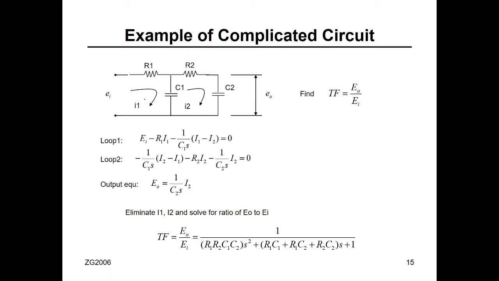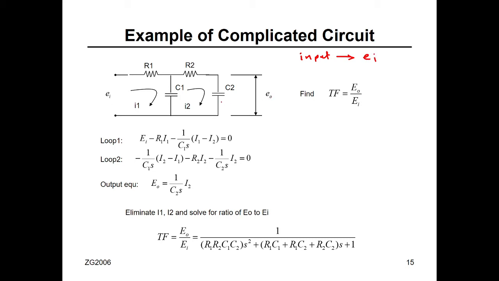We have a multi-loop. We have two loops, in fact. The input in this problem is E in. This is my input. The input is the voltage E in.